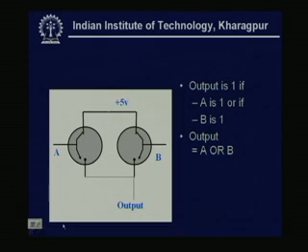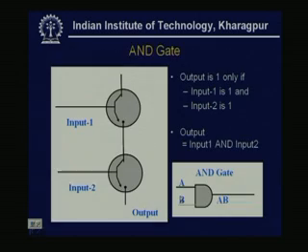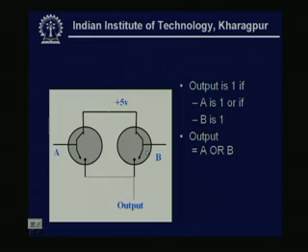See that in previous cases we can tell these are in series connection, the two switches as if they are connected in this way. Now, here they are connected in parallel.